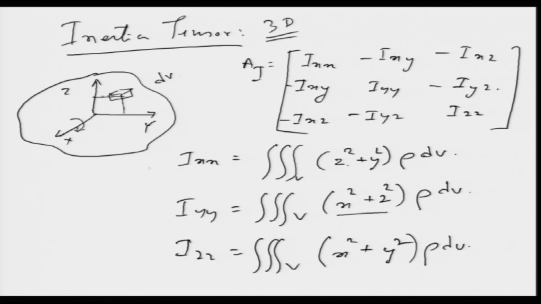This gives us the mass distribution about the principal axes x, y and z.